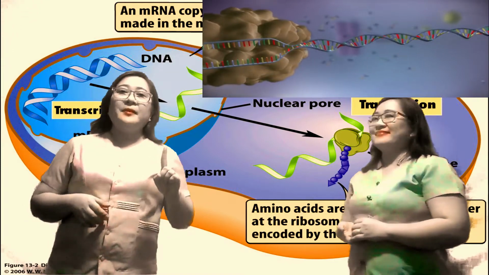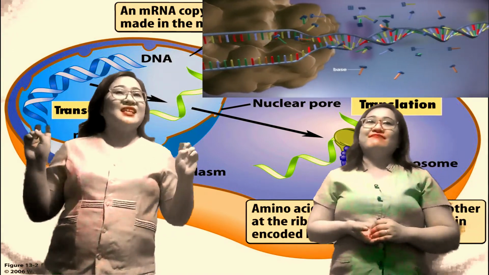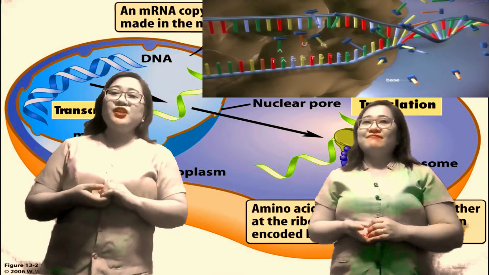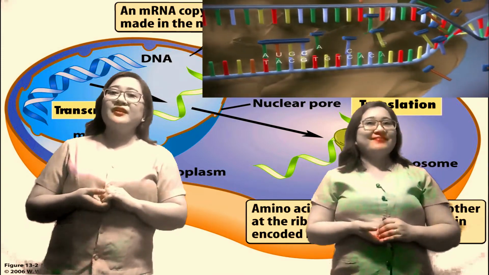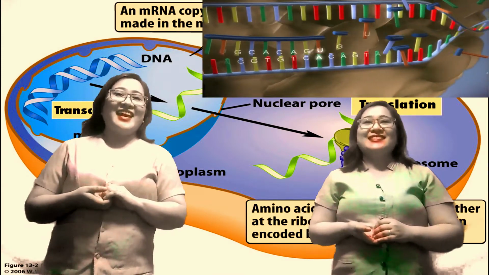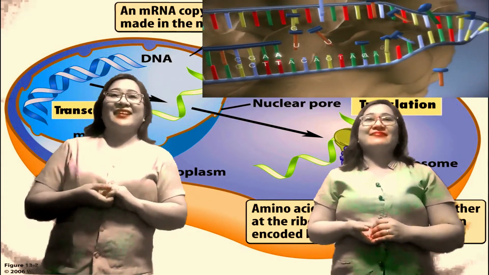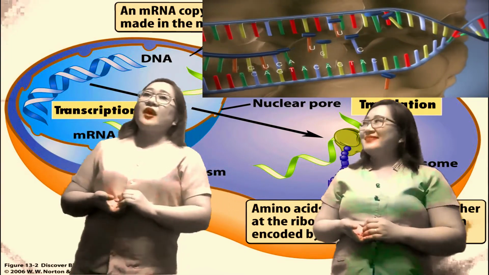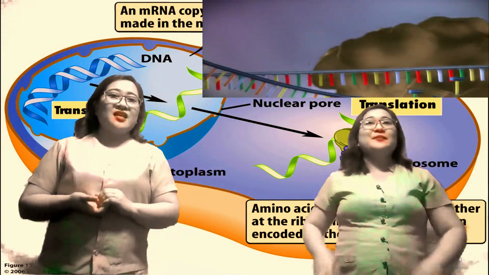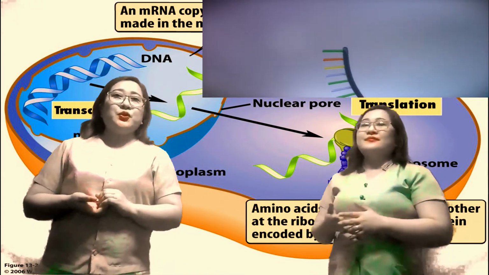The first step in the process is called transcription, where a coding region of DNA is converted to messenger RNA or mRNA, the first type of RNA. Here, it transcribes or copies DNA's message, or the genetic code, in the nucleus.